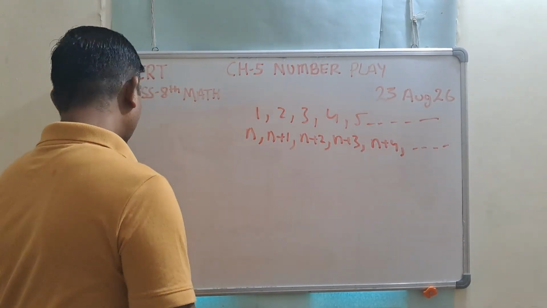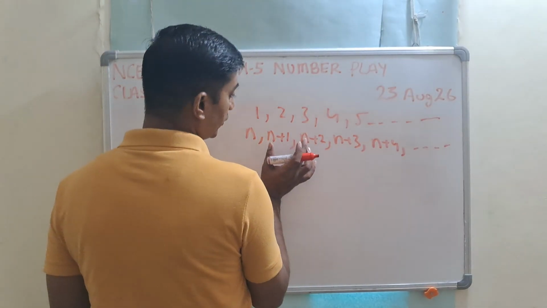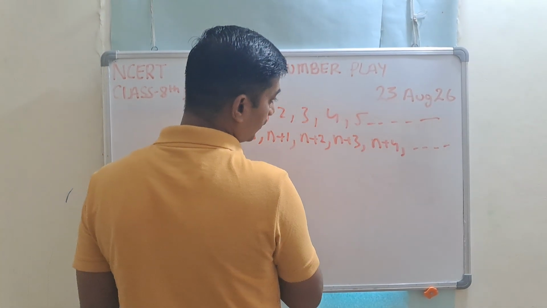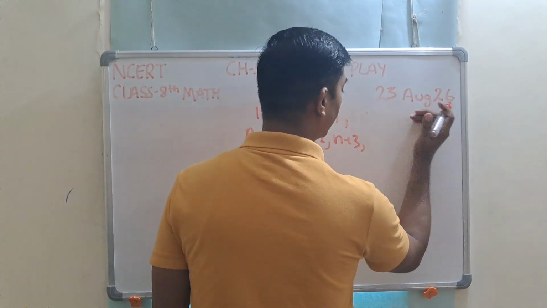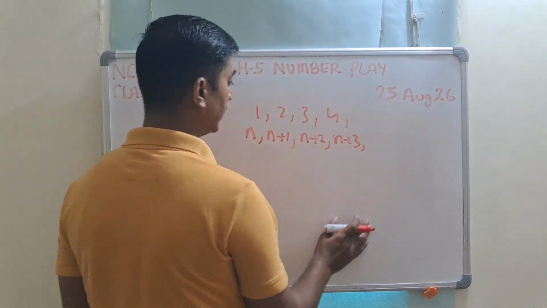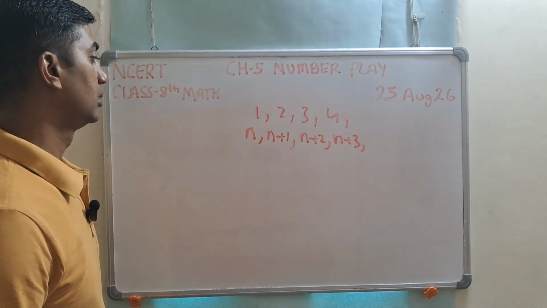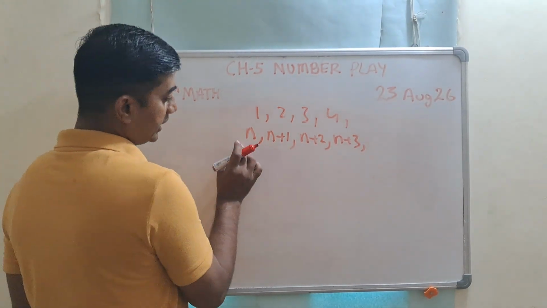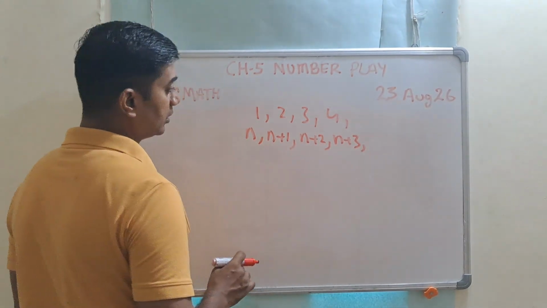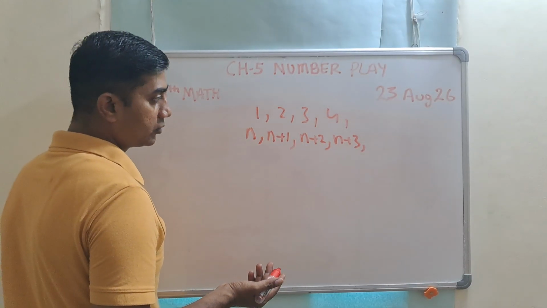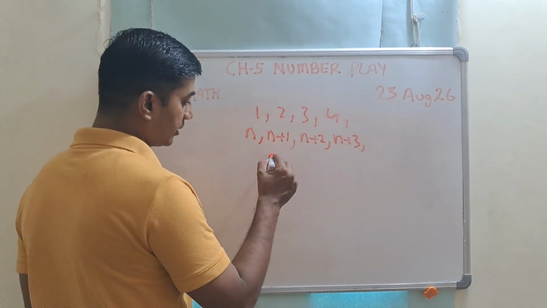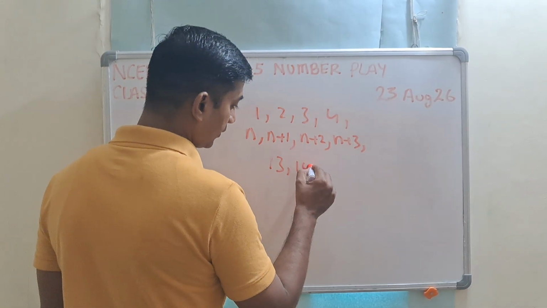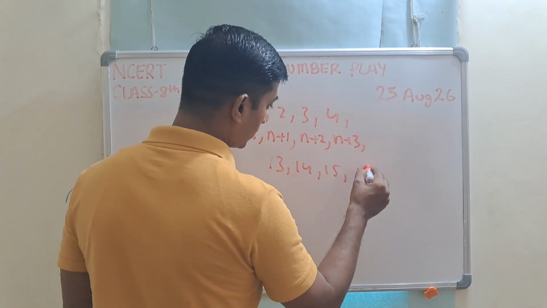Now suppose we are dealing with only 4 consecutive numbers. It means they can be represented like this. And this is also true when we are dealing with any 4 consecutive numbers like 13, 14, 15, 16.